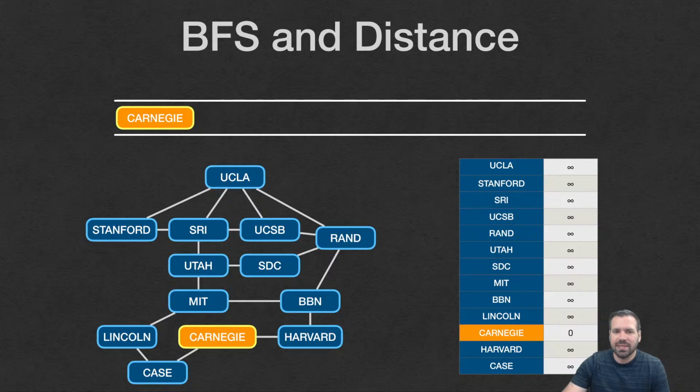With BFS, we're going to dequeue from the queue. We're going to run BFS while the queue is not empty. If that sounds like a while loop, you should have a while loop. You can use the queue that we wrote in class.